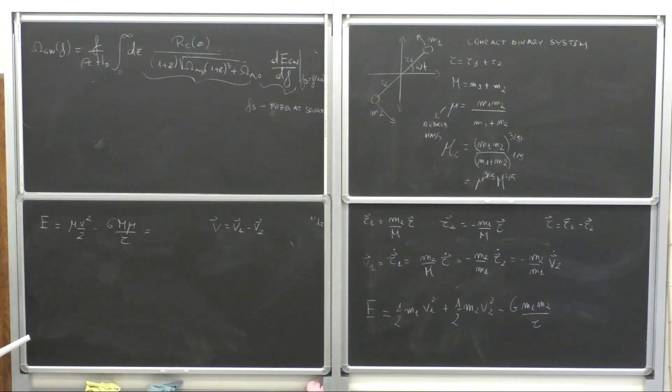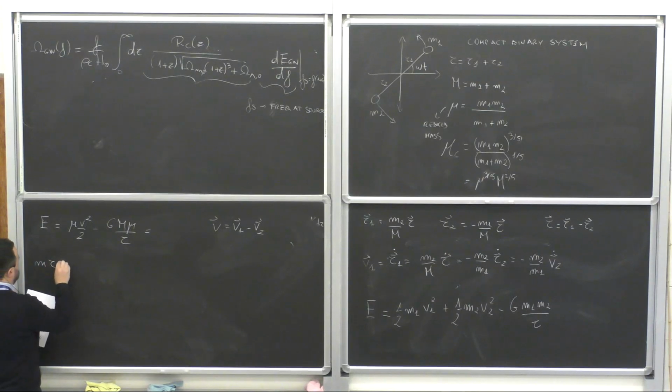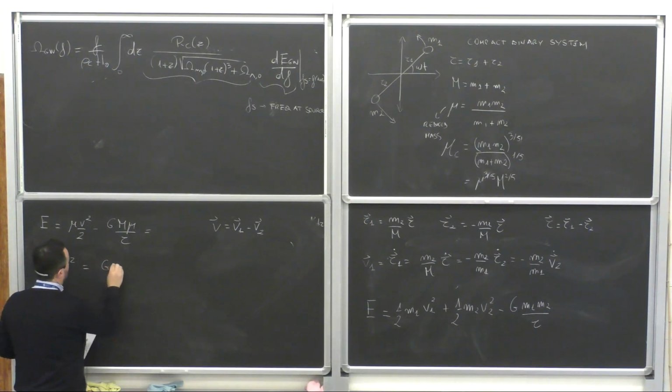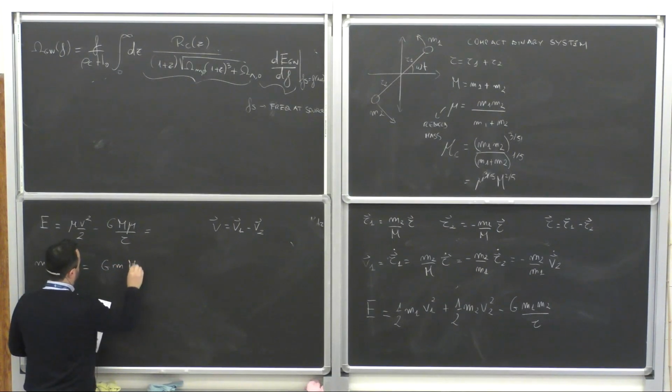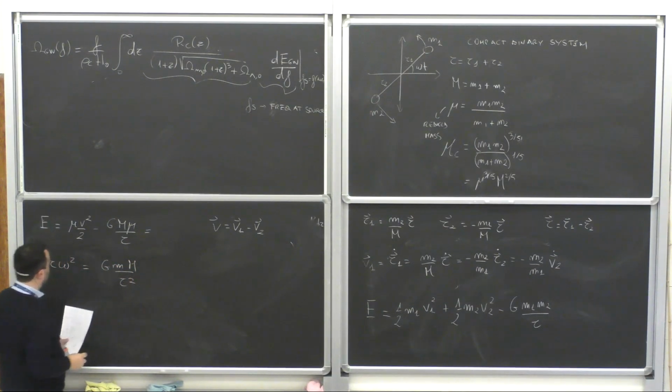Now I consider the Kepler law, or if you want, Newton's law. So I have that the mass times the radius times the angular velocity squared is equal to GM over r squared.